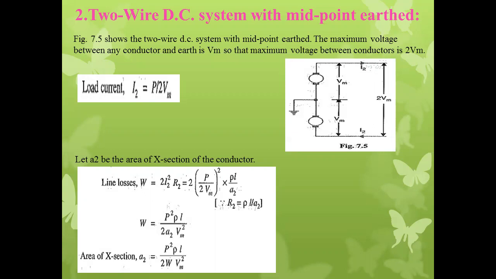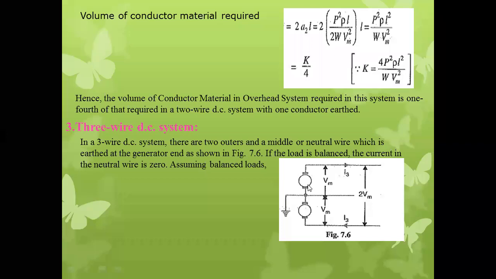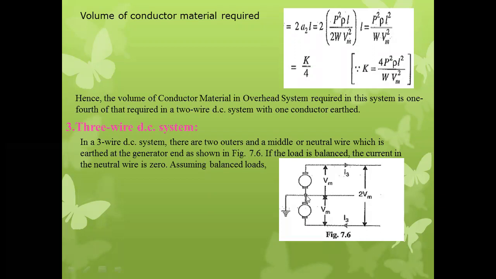So today we will see the next type of DC supply system, that is the three wire DC system. See in the diagram, here are the two wires. I'm sliding my arrow pointer. This one is one wire, this one is the other wire. Their common point or junction point is grounded.